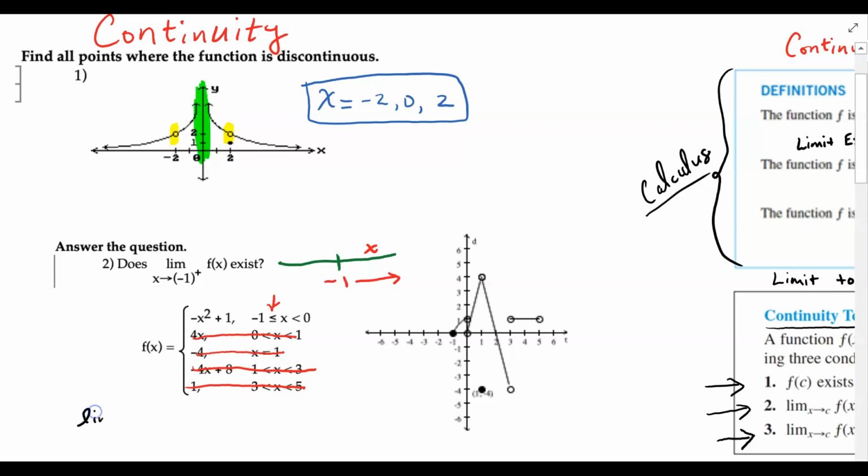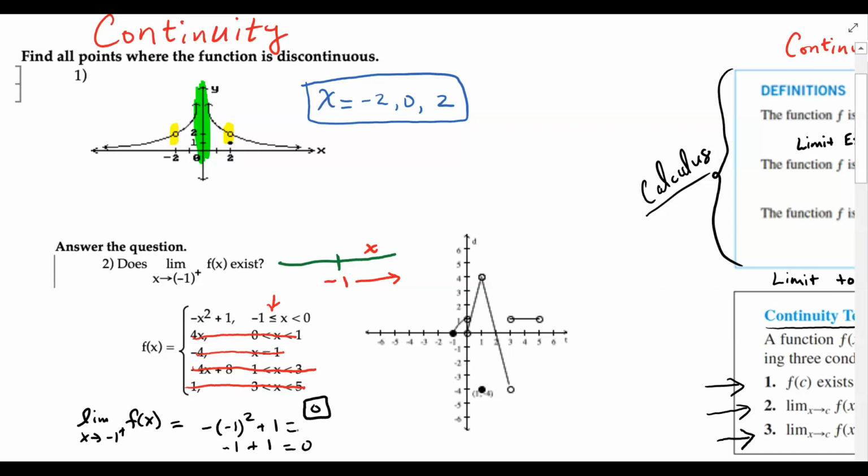I'm going to say the limit as x approaches -1 from the right of f of x is equal to negative of -1 squared plus 1. And let's figure that out. That is 1 times a negative plus 1. That's 0. So my answer here is 0. That's the answer to the limit, that it's 0.